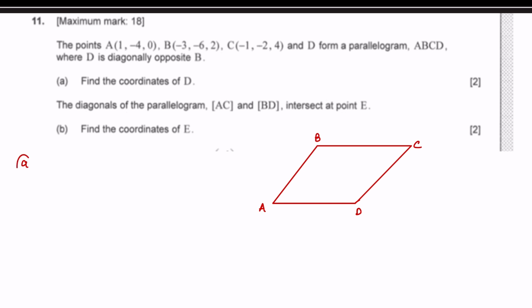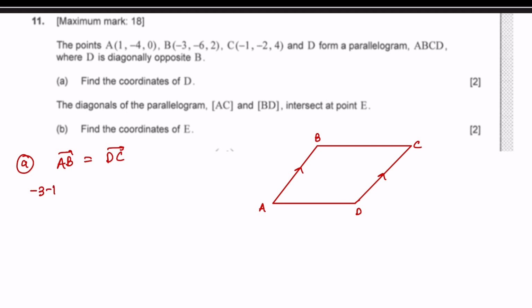So to find the coordinates of D, I can equate the AB vector and the DC vector. So the AB vector would be equal to DC, right? To find the AB vector, we subtract the coordinates of A from the coordinates of B. So B vector minus A vector.